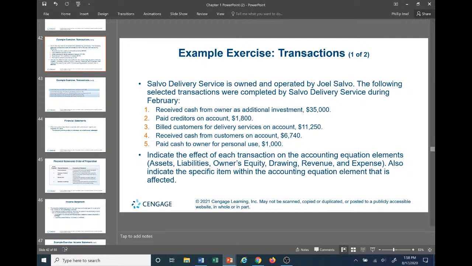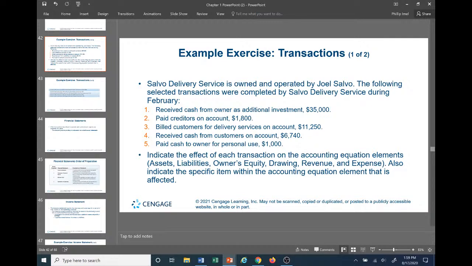Now, what about if the Salvo Delivery Service paid creditors on account of $1,800? So if we're paying creditors, we know we're going to use an asset, right? Particularly cash. So therefore, the asset, cash, is going to decrease, right? And we're paying creditors on account. If we owe creditors on account, then that is an accounts payable, which is a liability.